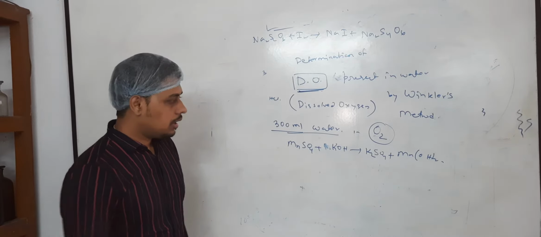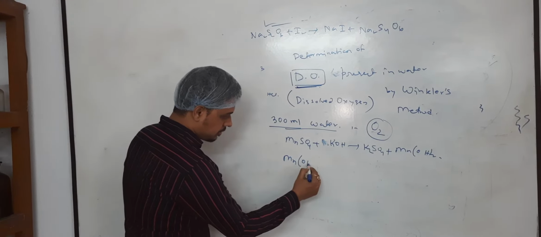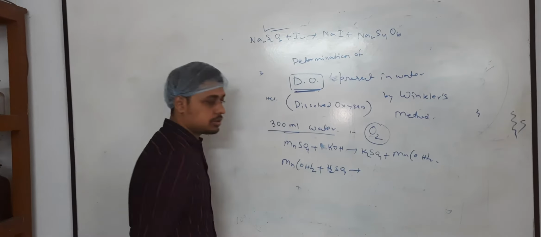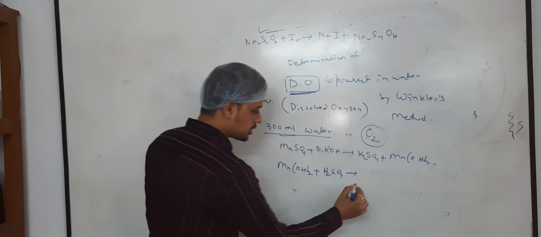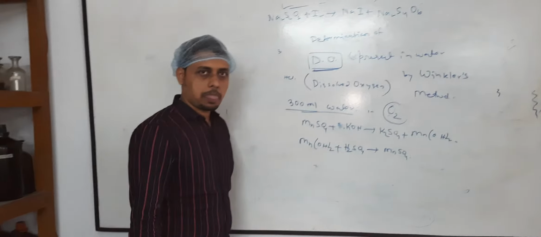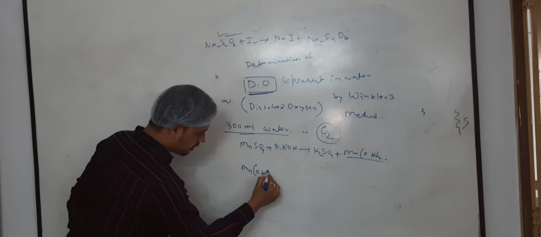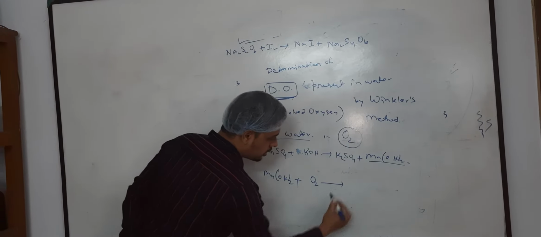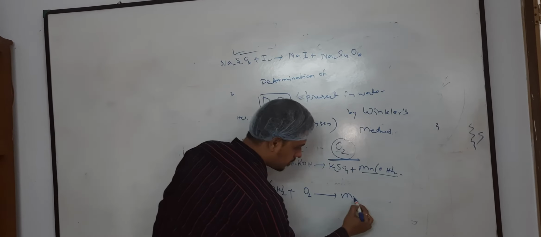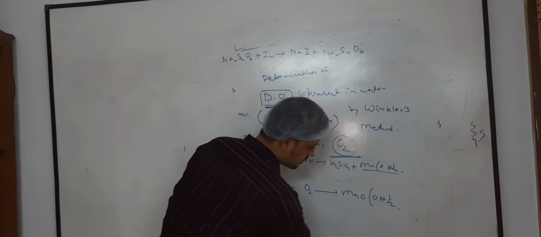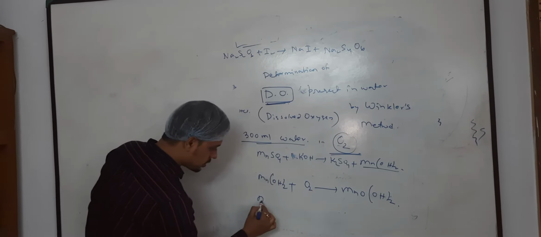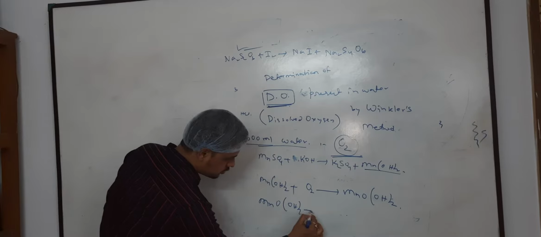Next, manganese hydroxide will react with oxygen, the dissolved oxygen, for the formation of basic manganese oxide, MnO(OH)2.